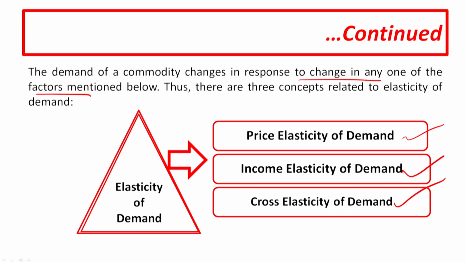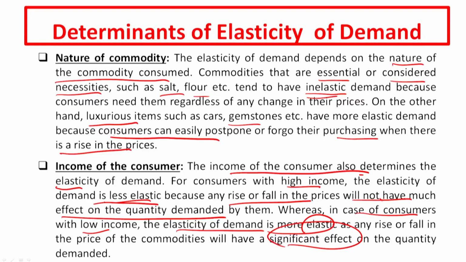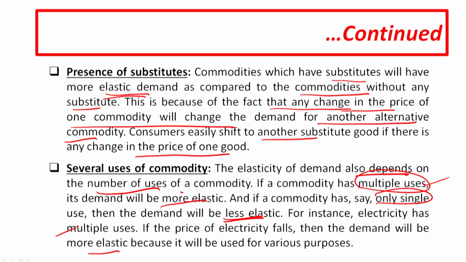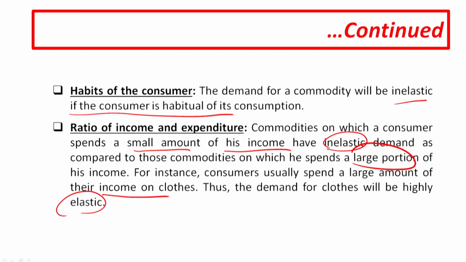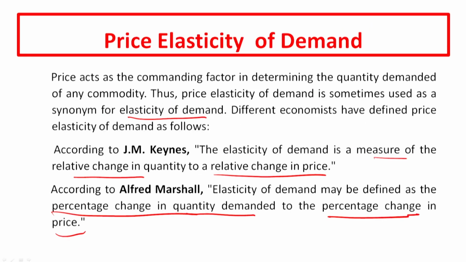The other two elasticities, income and cross, will be discussed in the upcoming lecture. The determinants of elasticity of demand are nature of commodity, income of the consumer, presence of substitutes, several uses of commodity, postponement of the use of commodity, joint demand, habits of the consumer, and ratio of income and expenditure.